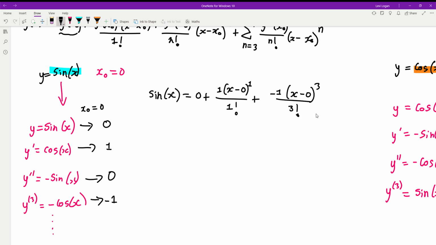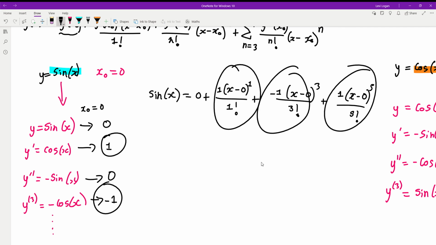And if we kept going, we'd start to see another pattern emerge. We would then get plus 1 times x minus 0 to the 5 on 5 factorial, and then we would get a minus again, because it's going to oscillate between 1 and negative 1 because of its derivatives. Any value of 0 you put into cos is going to be 1 or negative 1, depending on the sign in front of the cos. So it's going to oscillate between positive and negative, which is going to be 1 times x minus 0 to the 7 on 7 factorial.